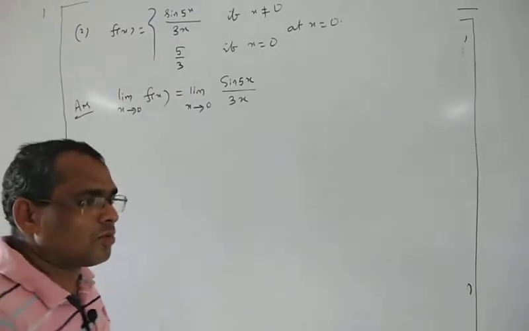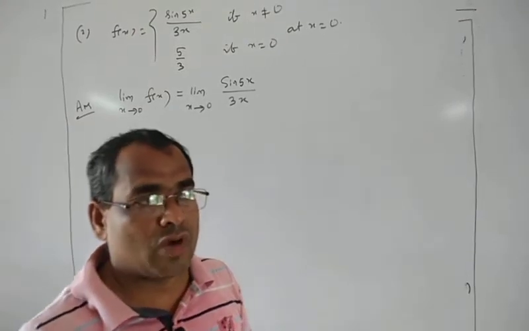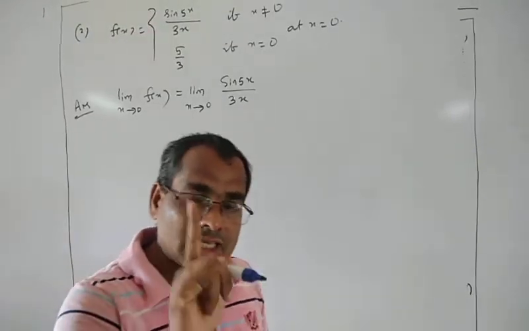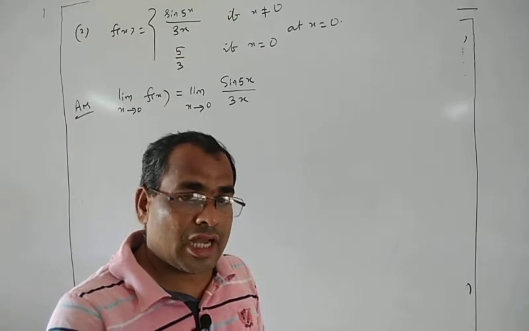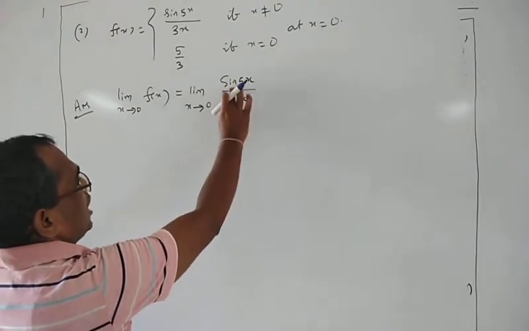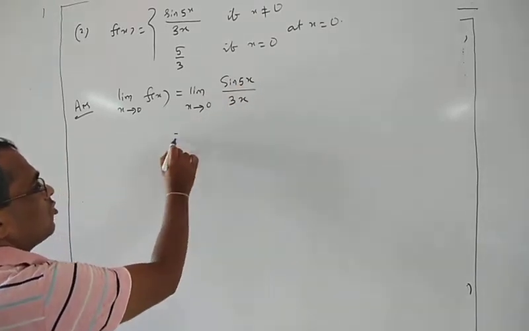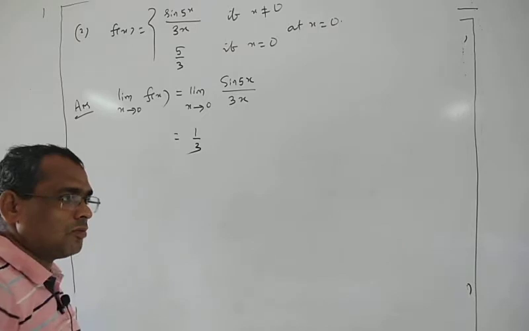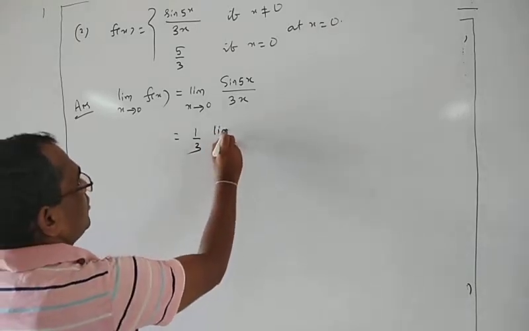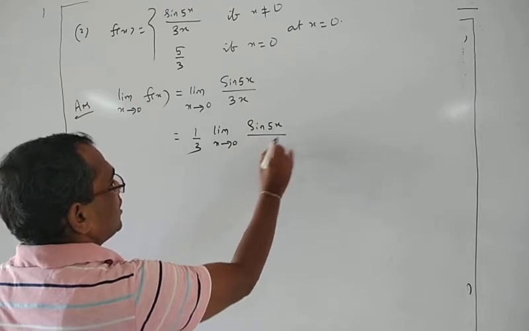You know the standard formula: limit x tends to 0 of sin x by x is equal to 1, where the angle in sine and the denominator are the same and x tends to 0. Here we have sin 5x by 3x. The 3 is a constant, so we take it common. So this is the limit as x tends to 0 of sin 5x by x.